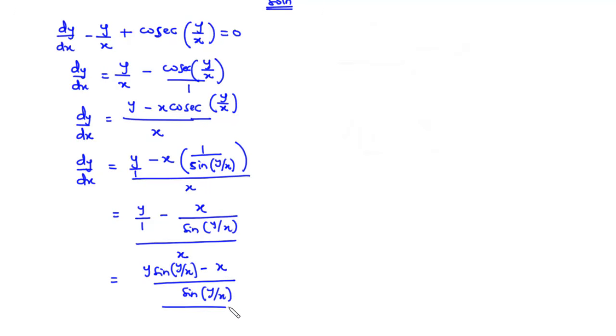And then we have this all divided by x. Now we can write this as x over 1, and then we multiply the numerator by 1 over x. So this x appears at the denominator here, so we can just write it as x sine y over x. So that is equal to dy dx.